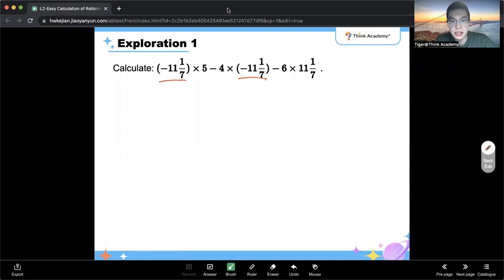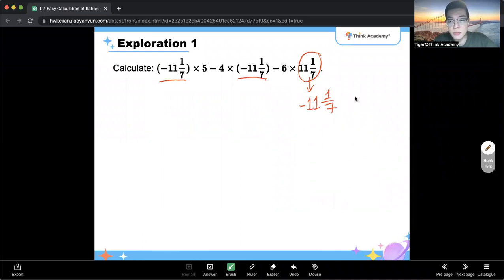So what can we do first? We know that if I want to extract a common multiplier, I need a common multiplier, which means that I want to turn this into minus 11 and a seventh. But of course, I can't just flip the sign of it without doing anything else, right?